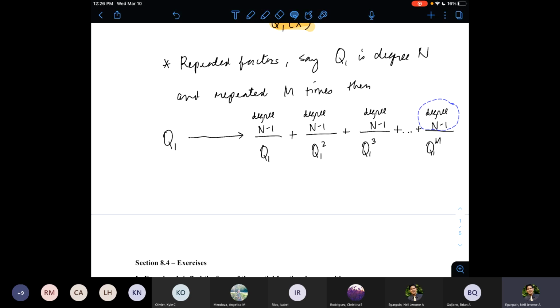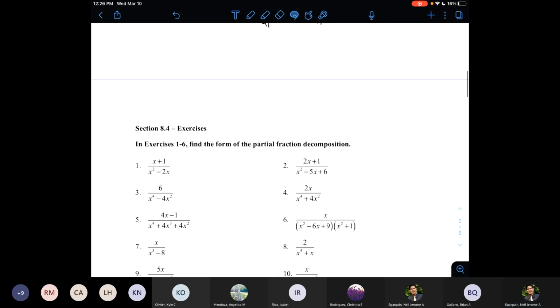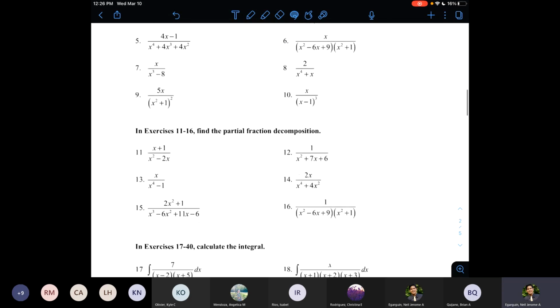There will be generic polynomials of degree capital N minus 1, but they will have different denominators. Again, that might be a lot to take in. So probably it's better to do some examples and observe how these two cases come into play. So let's try some examples.